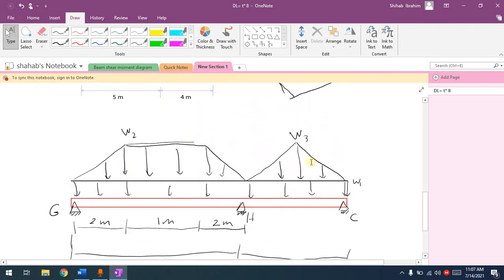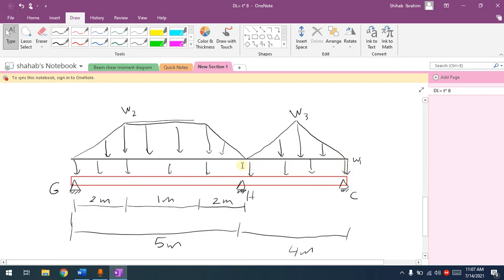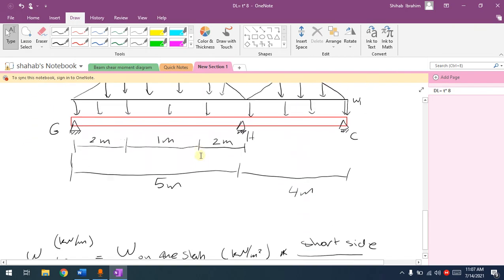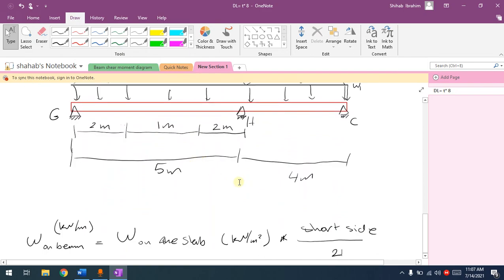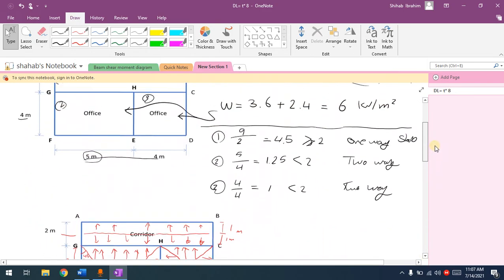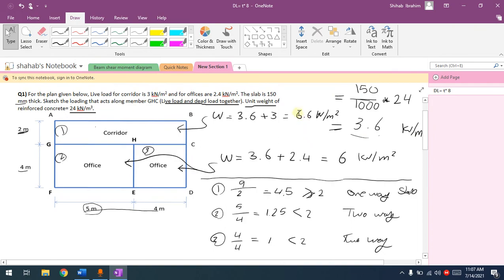Well, we'll start with W1. W1 is for the rectangle, which comes from the corridor. Then I'm checking the corridor. The corridor's short dimension is 2 meters. Then, if I want to calculate W1, we'll say that W of the corridor, which we already know, we have it here. W of the corridor is 6.6. Short dimension of the corridor is 2.